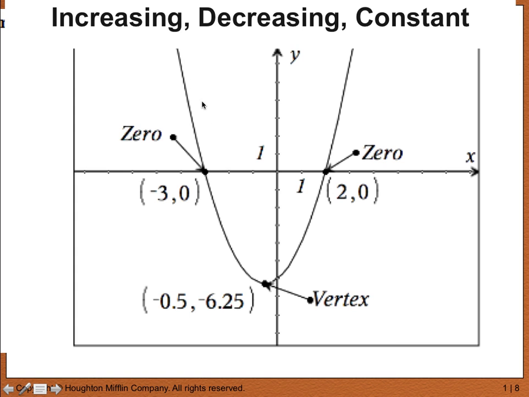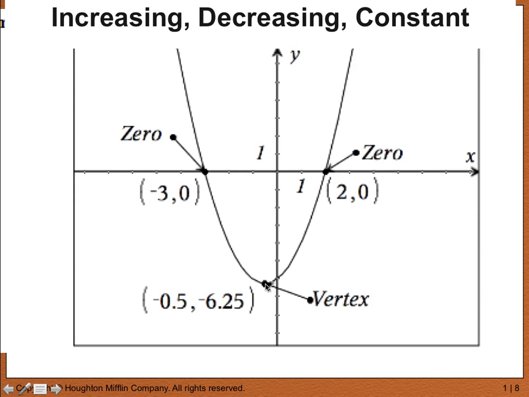All right, so do you see how for this left portion of the parabola, if you follow where my arrow cursor is moving, I can see that as x increases, as x moves from left to right, the value of f of x, or the y-coordinate, decreases, it goes down.